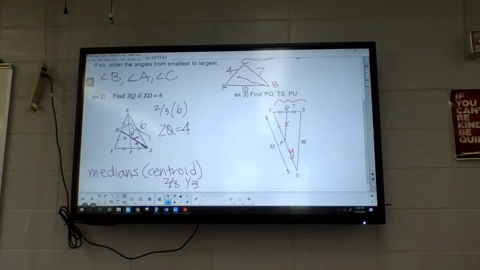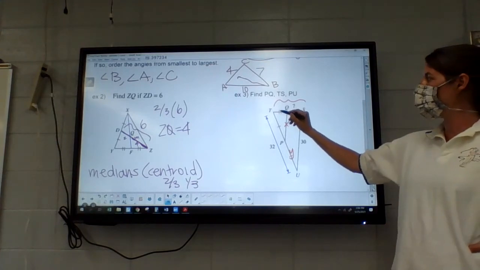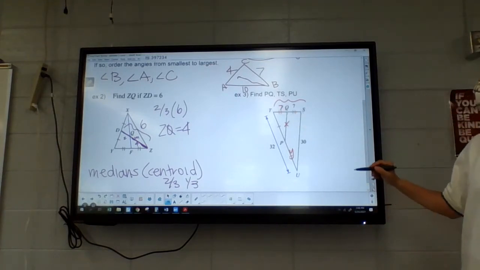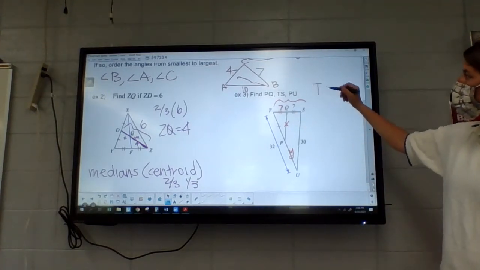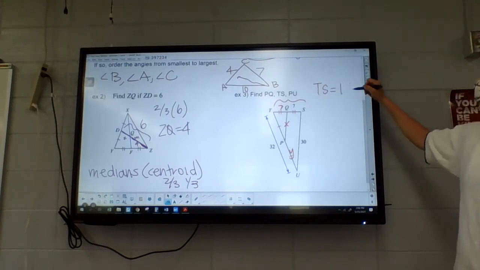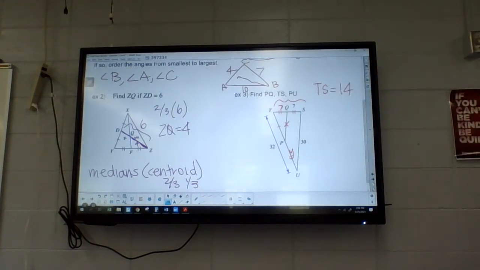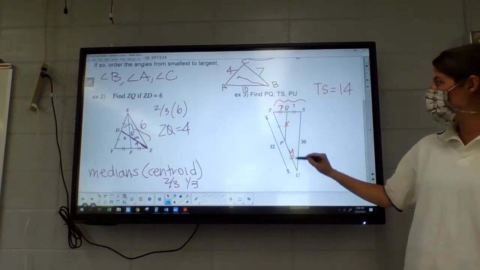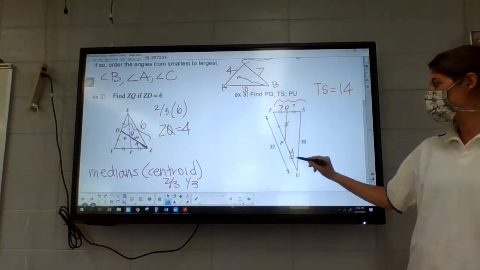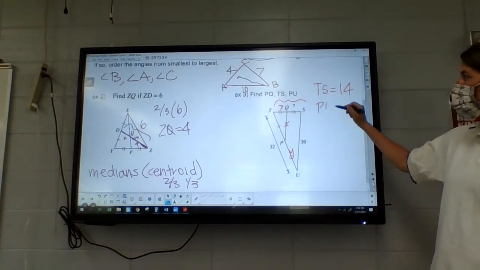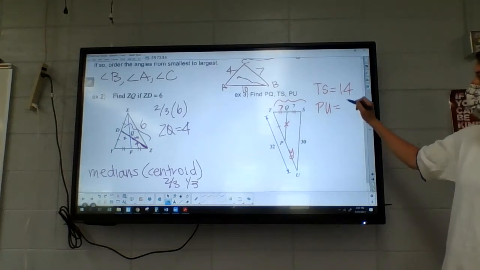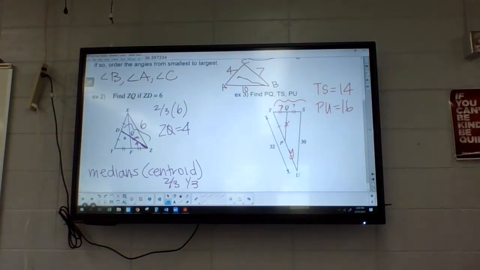There's some obvious things, I think. The fact that they give us these little marks, it's pretty obvious to me that this is also 7. So that means TS is going to be 14, right? And then same thing with this PU here, this whole thing is 32. Those are both equal, so we break it in half for 16.